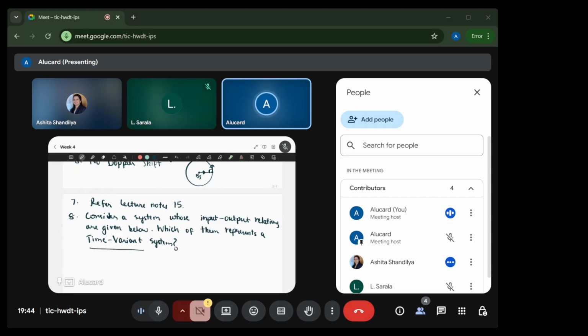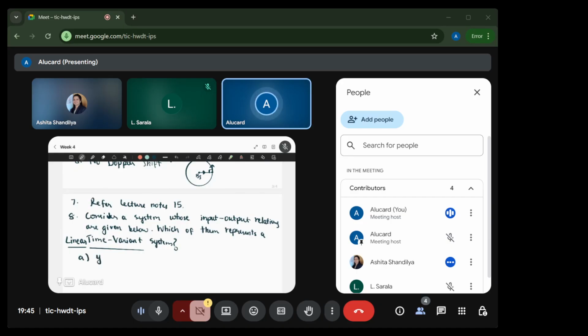Time variant, time varying, same thing. Okay, that's also linear, a linear time variant system. So you have to be careful. They are not asking for a linear time invariant system, they are asking for a linear time variant system.